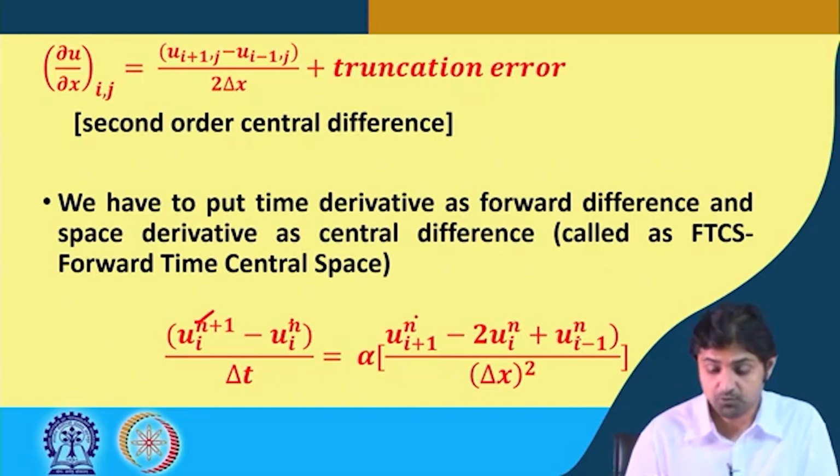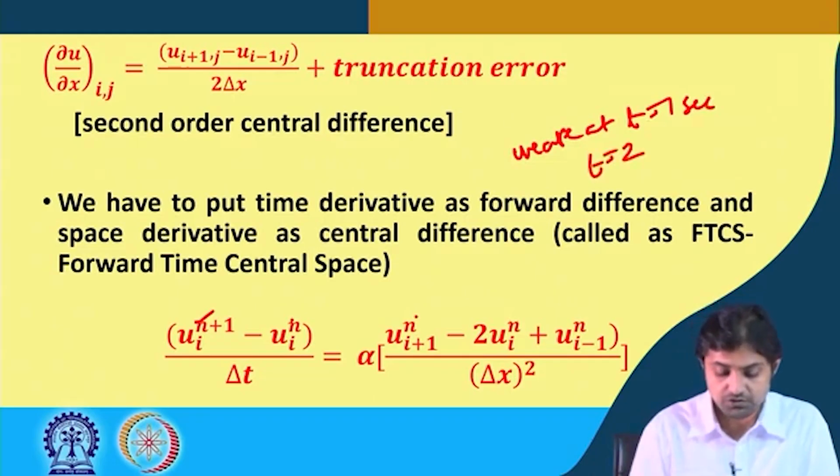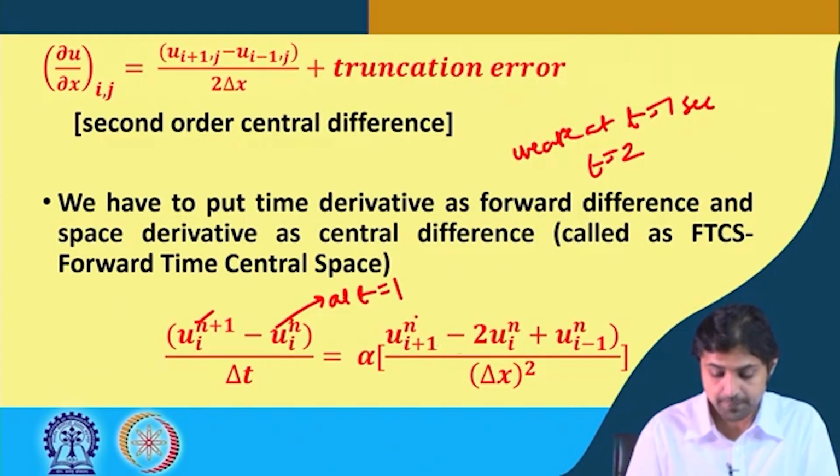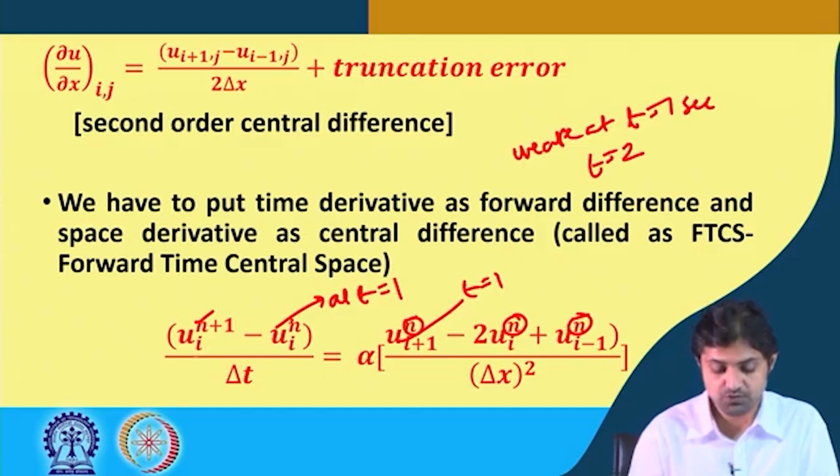Suppose we are at time t equal to 1 second. We have the solutions and want to calculate for t equal to 2. So velocity at t equal to 1 second, and this is also at t equal to 1. So these all things we know from the previous time step. What we need to know is ui at n plus 1.